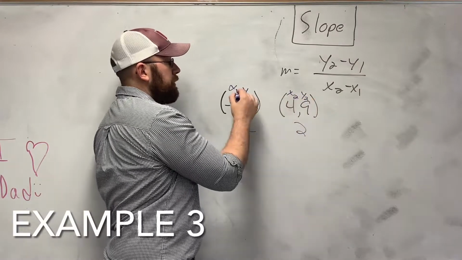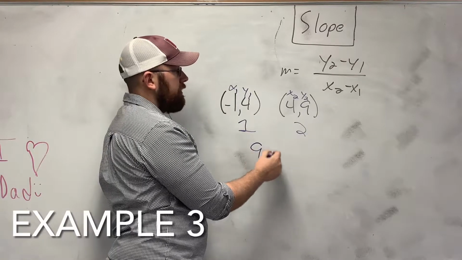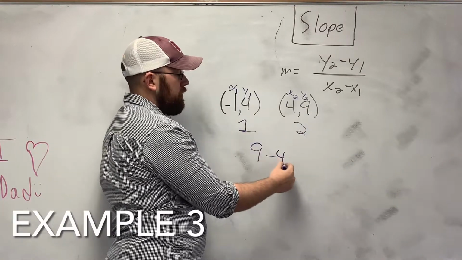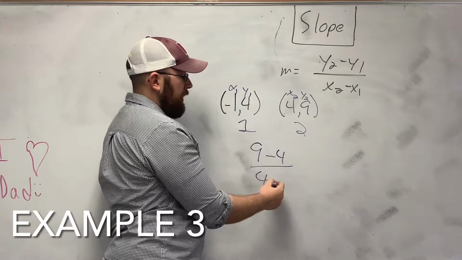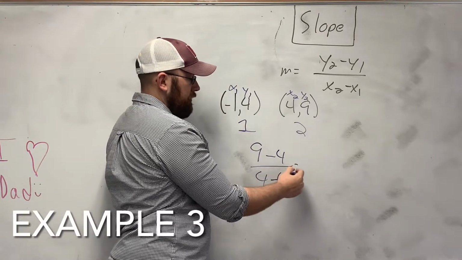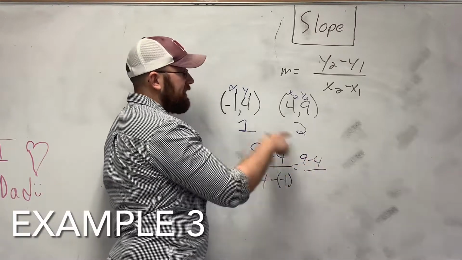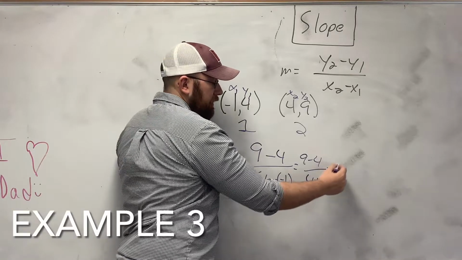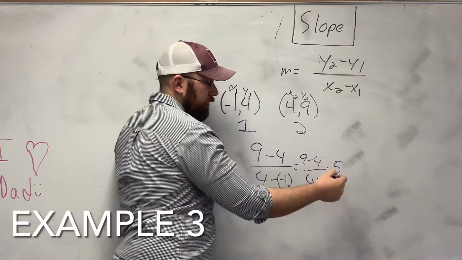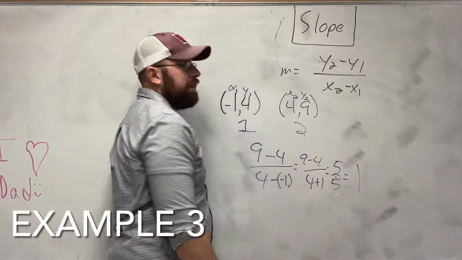Give my little subscripts with it, and then just plug everything in. 9 minus 4 over 4 minus a -1. So this gives me 9 minus 4 over, since that's a negative number, I'm putting it in the back, it becomes positive, 4 plus 1. 5 over 5, and I get 1 is my answer.